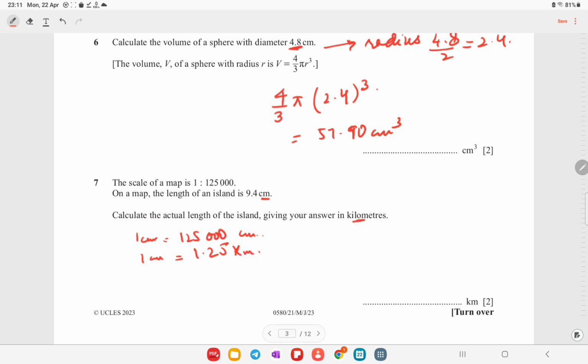So now you have to do this: 9.4 centimeters equals x. Now you cross multiply and you will end up with 9.4 times 1.25, which is approximately 11.75 kilometers. So this is your final answer. Basically, first you have to divide by 100 to convert into meters, and then divide again by 1000 to convert it into kilometers.